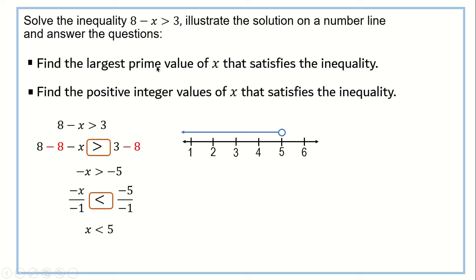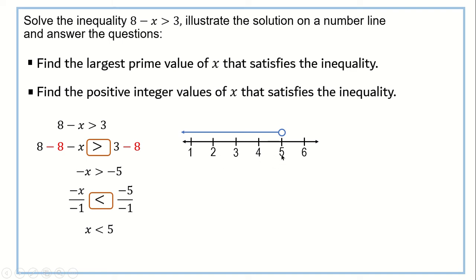Find the largest prime value of x. What are prime numbers? We know that prime numbers, these are numbers with only 2 factors, 1 and itself. Now, from these solutions, which one is the largest prime number?